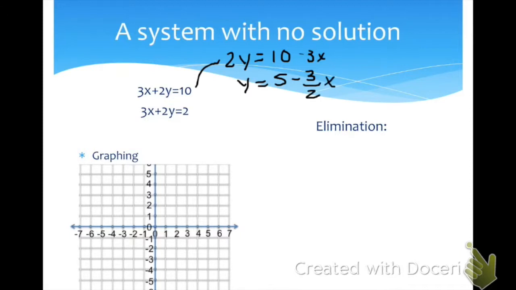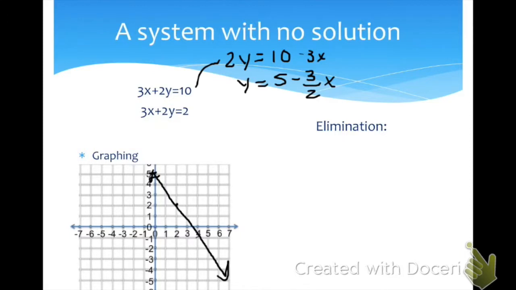So my y-intercept is 5 and my slope is negative 3 halves, so I'll go down 3 over 2, down 3 over 2, and I can draw my line in. And it'll look something like that.